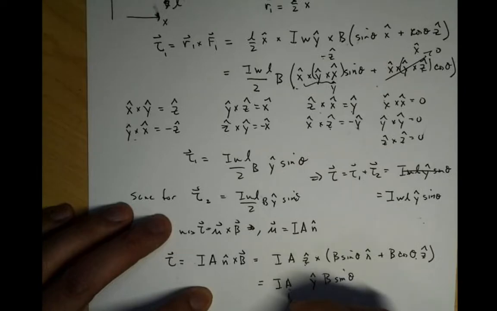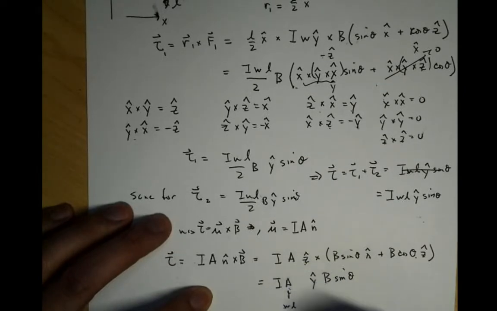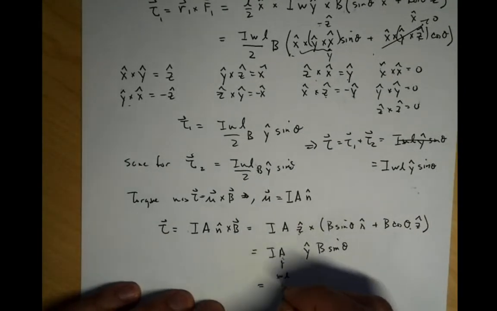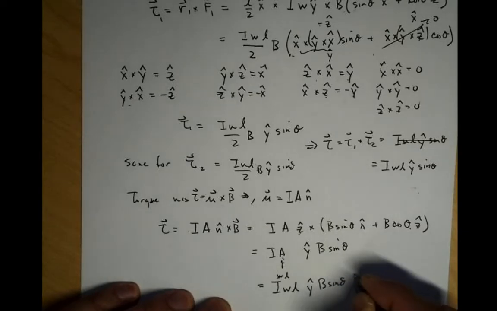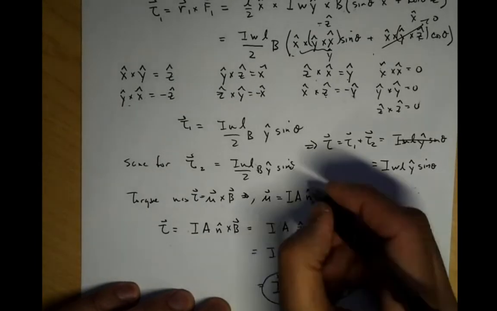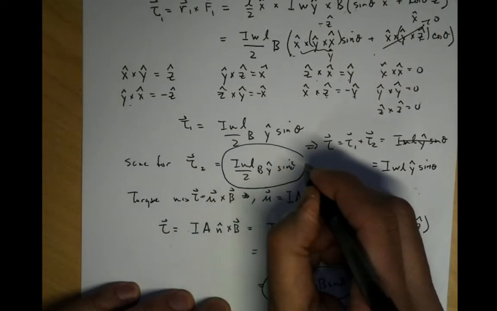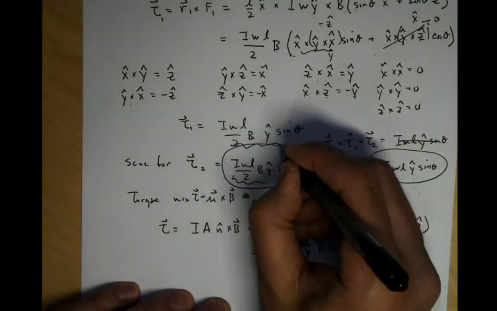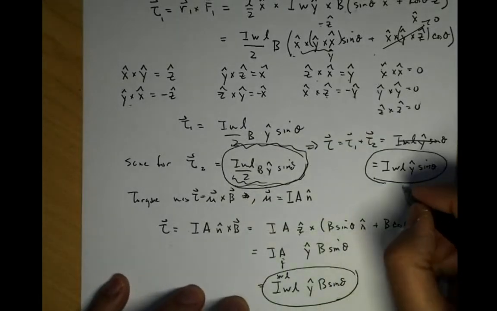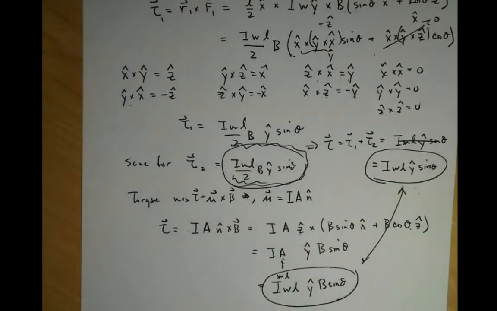A is just W times L. So this is equal to I W L ŷ B sine theta. Look at this term here, and this term here. They're exactly the same. So that's why this nomenclature is extremely powerful for current loops, because you can compute these things very, very easily.